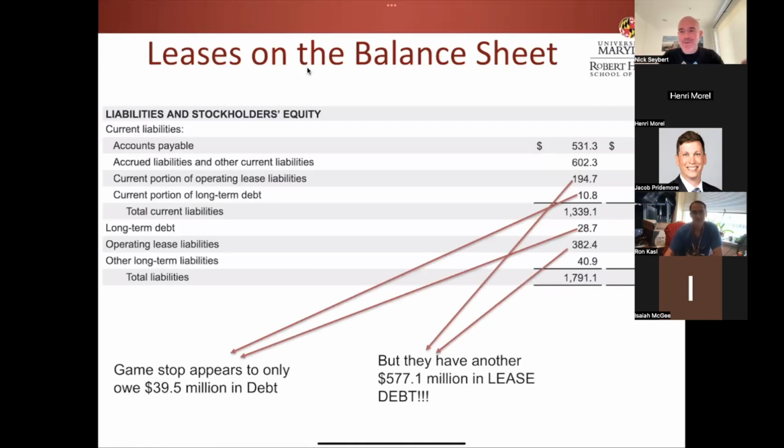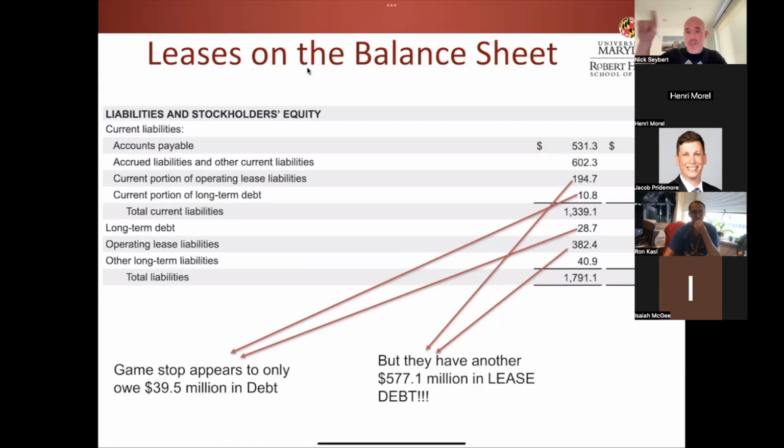So you literally have all these poor investors that put another 1.6 billion in there, and who knows, it might end up being a good investment. I doubt it. But they didn't even notice that there's another almost $600 million of debt in the form of lease liabilities.